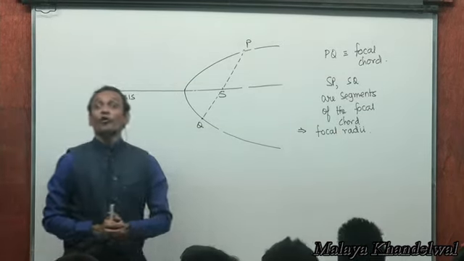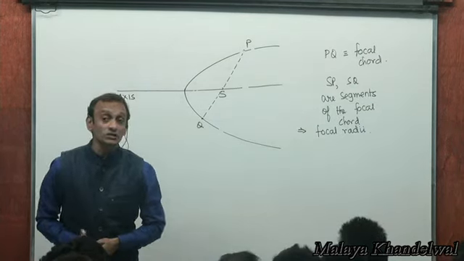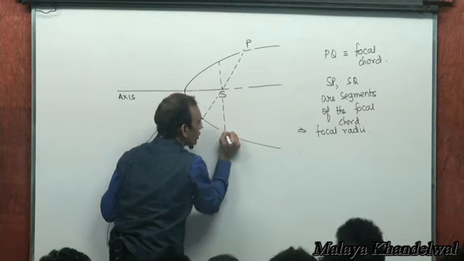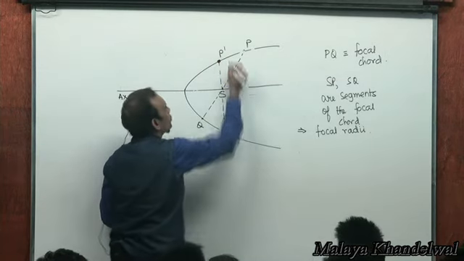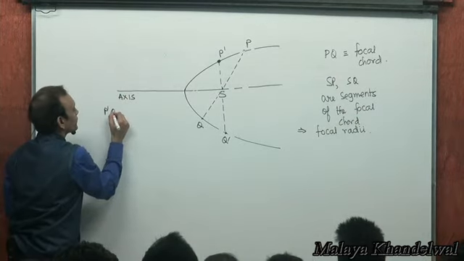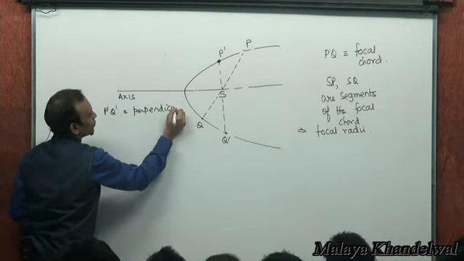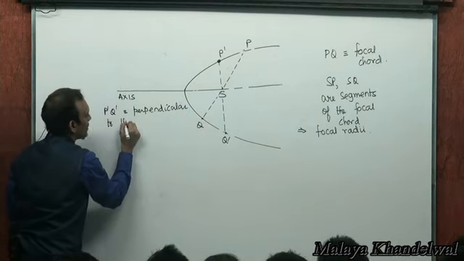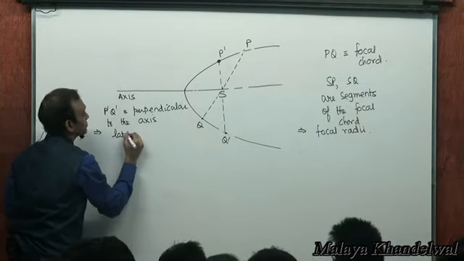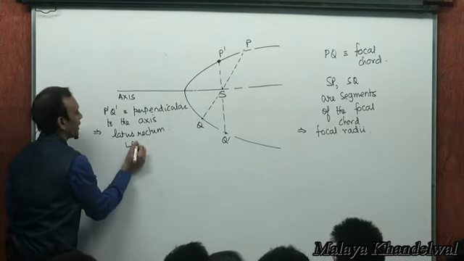Now, of all the focal chords, there would be one focal chord that is perpendicular to the axis. This is a focal chord P prime Q prime, which is perpendicular to the axis of the conic, and is referred to as latus rectum, LR, henceforth LR.